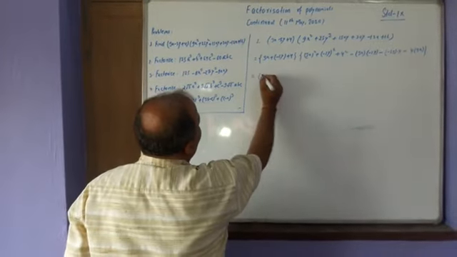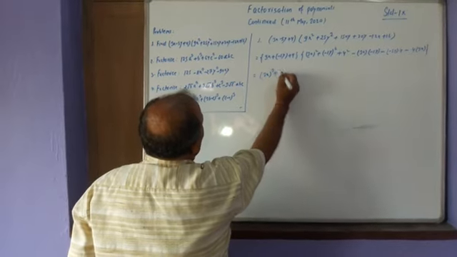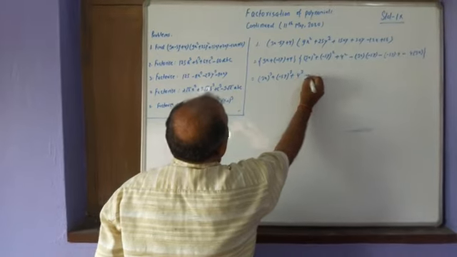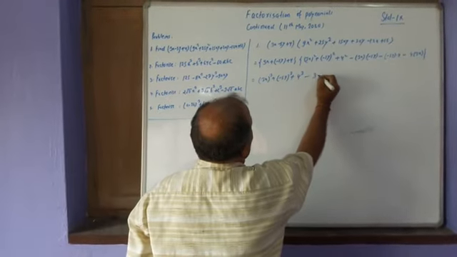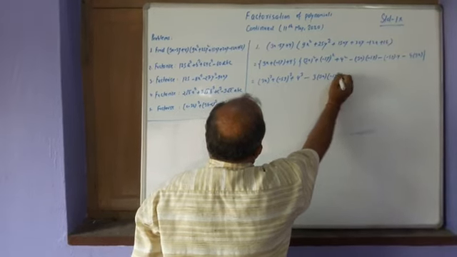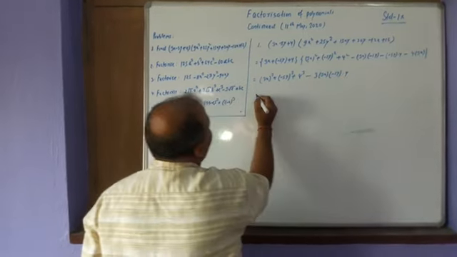And this will give cube of 3x, cube of minus 5y, cube of 4, minus 3abc, that is 3 into 3x into minus 5y into 4.